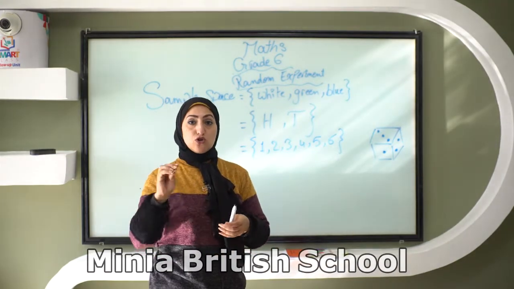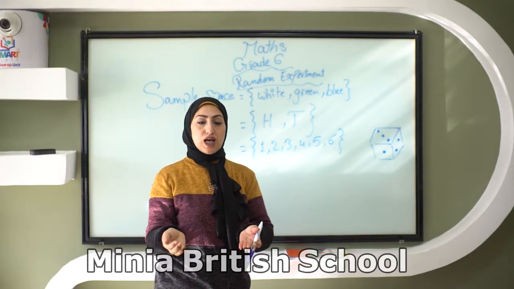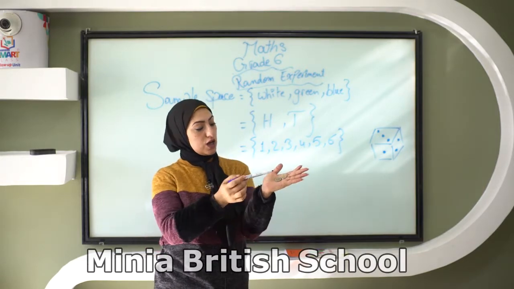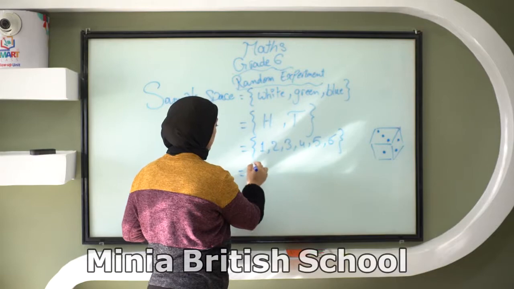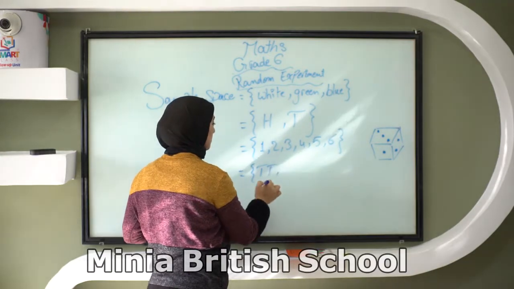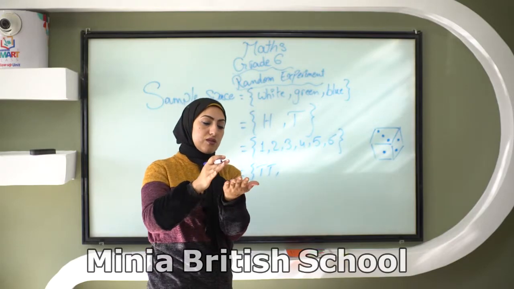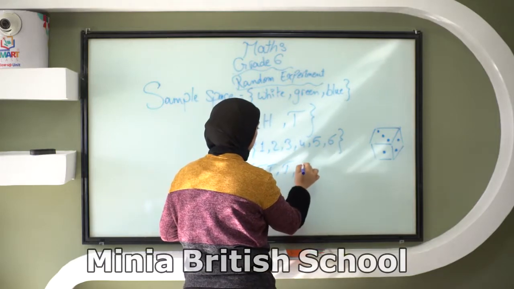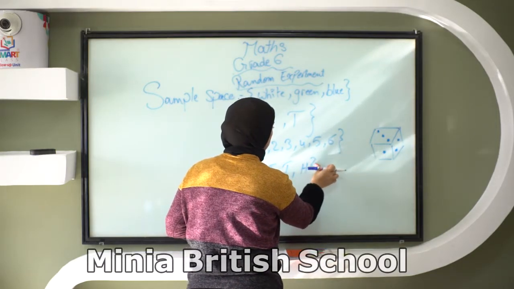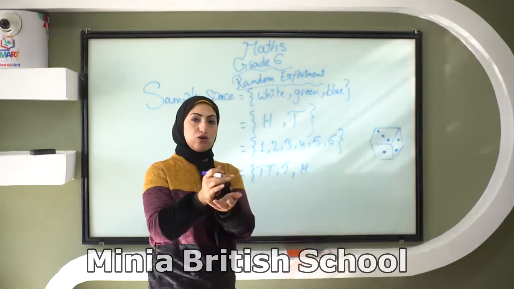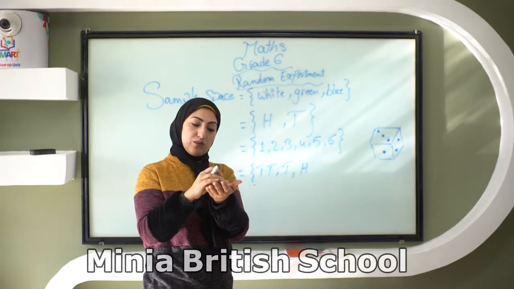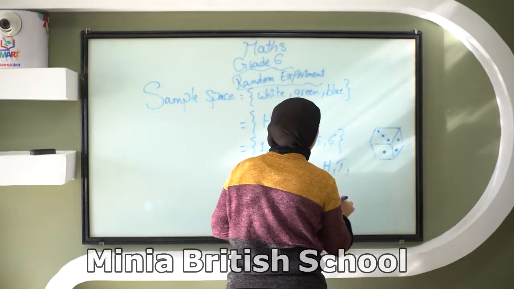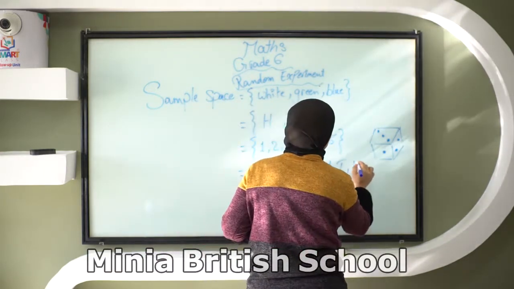If I have 2 coins, and I toss them together, what are the possible outcomes? Maybe both of them are tails, or the first tail and head, or head and tail, and the last outcome, head and head.